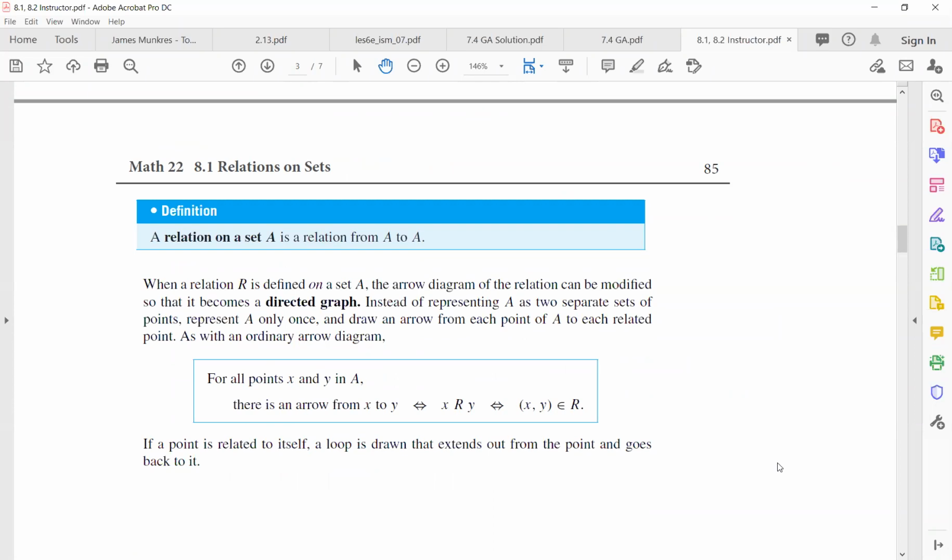For all points x and y in set A, there is an arrow from x to y if and only if x is in relation with y through R, or if and only if x and y is a point in relation R. Then you can draw a directed arrow from x to y, and you call it R. If you have x and x as a point in R, you can use a loop connecting x to itself.